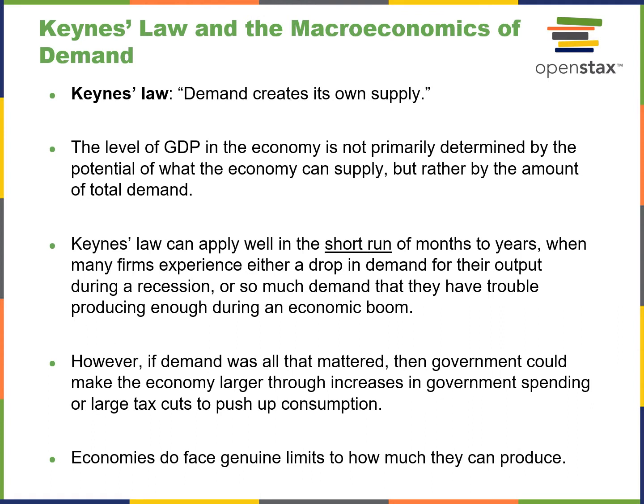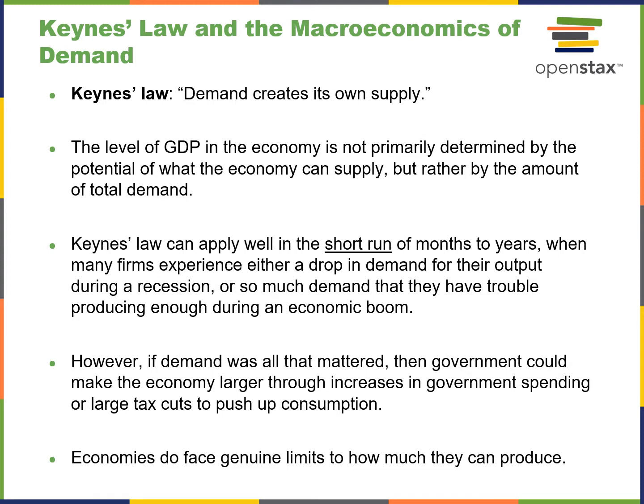And then you have Keynes' Law and his macroeconomics of demand. Another term you'll hear is Keynesian economics, and he stipulates that demand creates its own supply, meaning that whatever is demanded, and how much of it is demanded, will basically induce producers to create the supply to meet that demand.